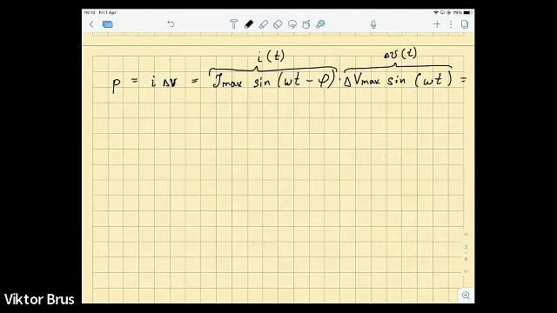So we can write together that it will be I maximum times delta V maximum times sine omega t times sine of omega t minus phi.